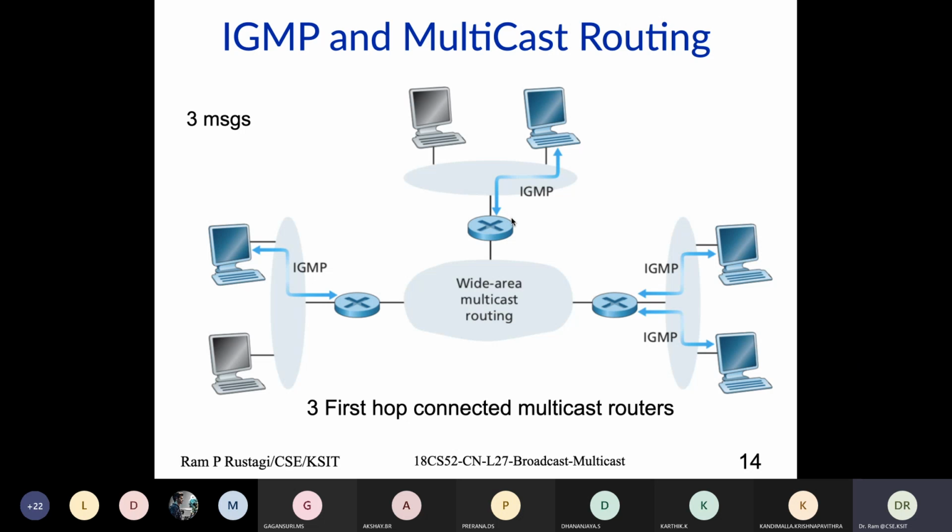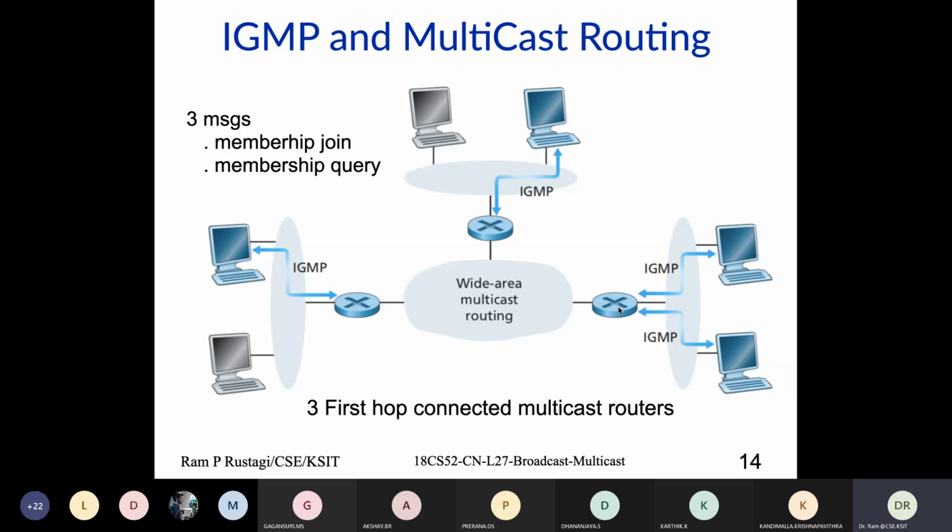The protocol primarily runs between the host and the connected router, not across the routers. So the job of the IGMP protocol is to enable the router to know which hosts within its network follow a multicast group. IGMP primarily defines three messages. One belongs to the category of membership join, and another is a membership query.